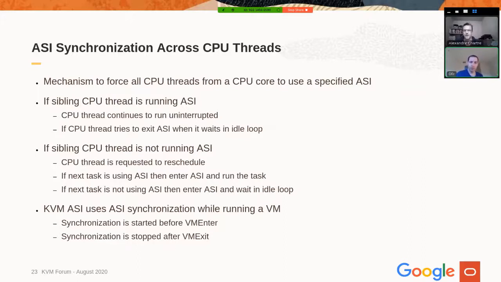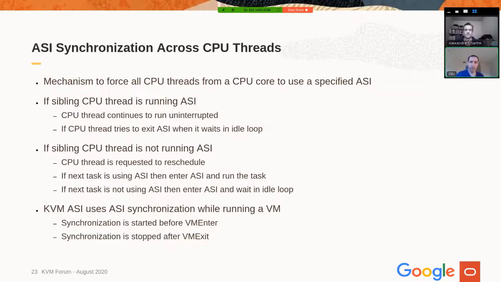To do that, the CPU looks at the other sibling CPUs to see if they are running ASI or not. If they are running ASI, that's fine, they can just continue to run. The only thing is that they should not be allowed to exit the ASI, because we want them to run ASI. If the sibling is not running ASI, then we need to force it to run ASI.